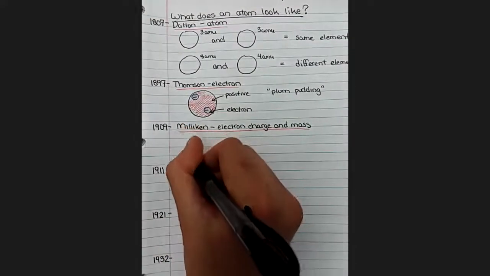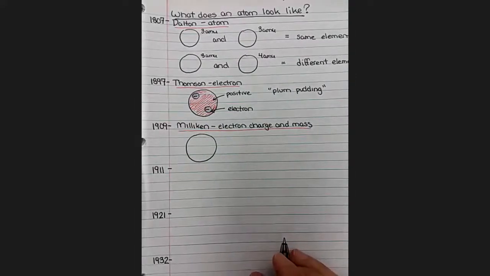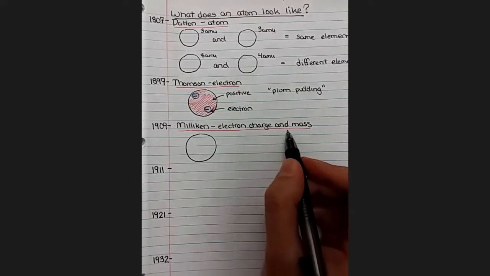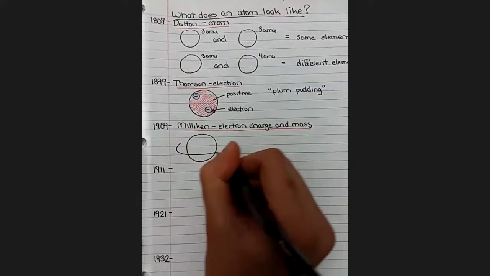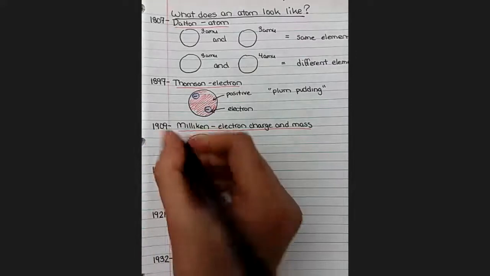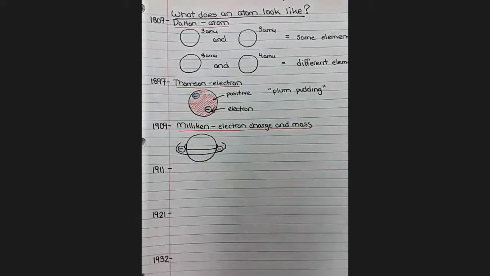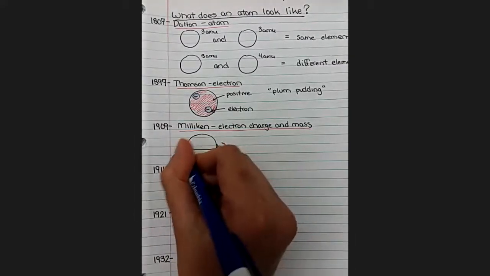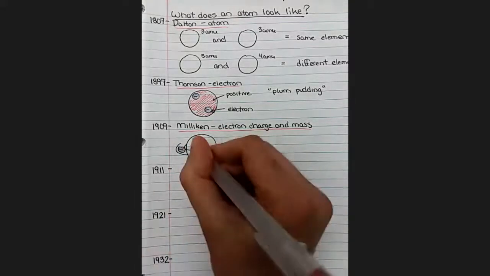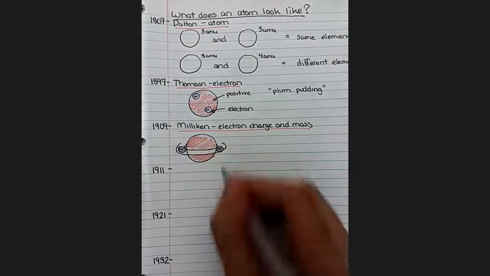Okay, so we have an atom, and it's a big, roughly spherical particle, and we know that it has both negative and positive charge in it, but now we know that electrons are particularly small. So the theory changed to say that perhaps electrons orbited the atom like they were on a racetrack, like the rings of Saturn, lightly and very quickly pushing around the outside of a giant positively charged blob, like before.